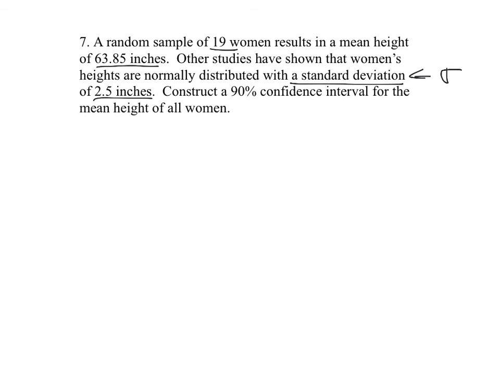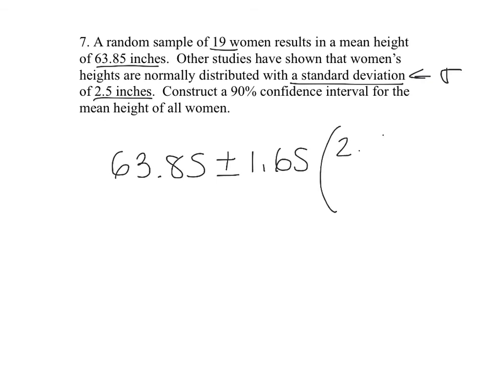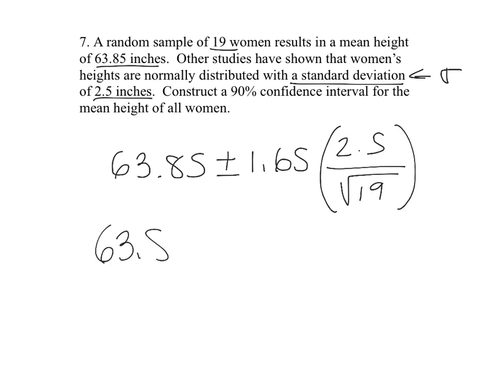So let's set up our confidence interval. We have 63.85 plus or minus z of 90%, which is 1.65, times 2.5 over the square root of 19. And so we get 63.85 plus or minus a margin of error of 0.95.